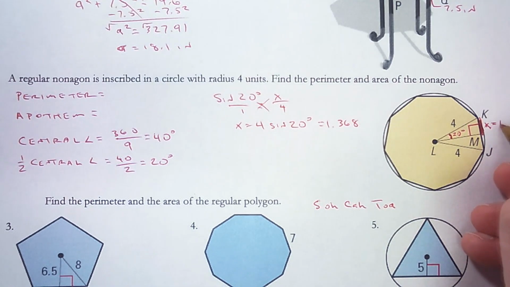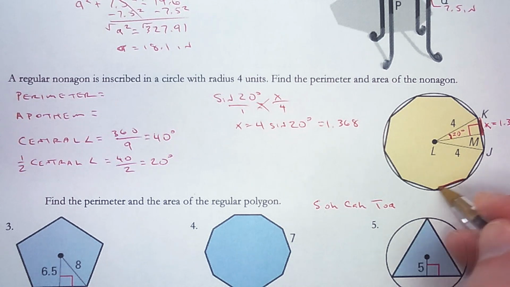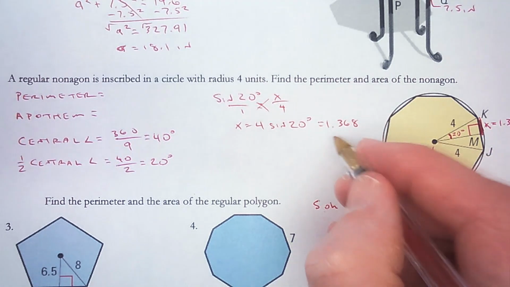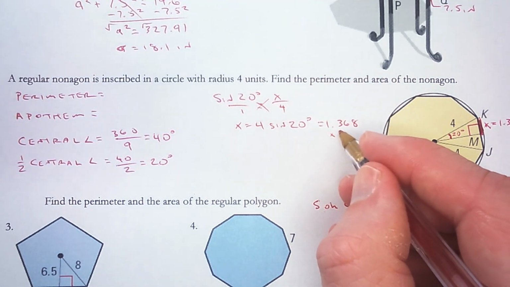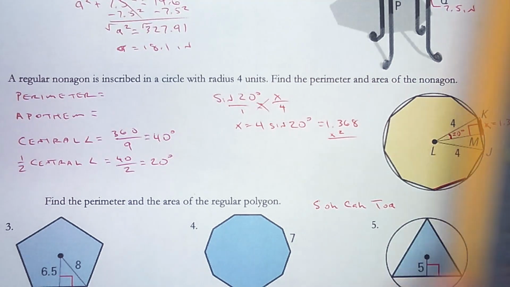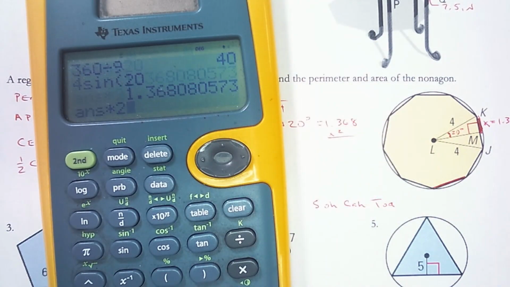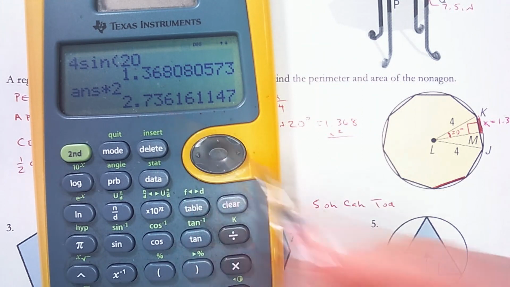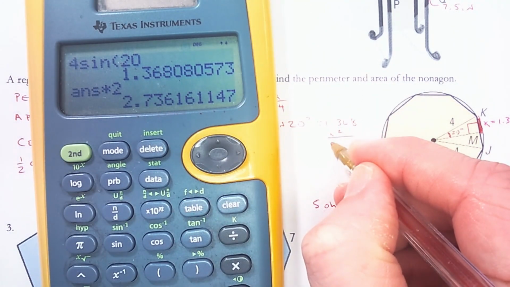Now that is this right here. It is not a full side length. It is just half of a side length of this nonagon. So if I want a whole side length, I have to multiply that number by 2, and that's 2.736.